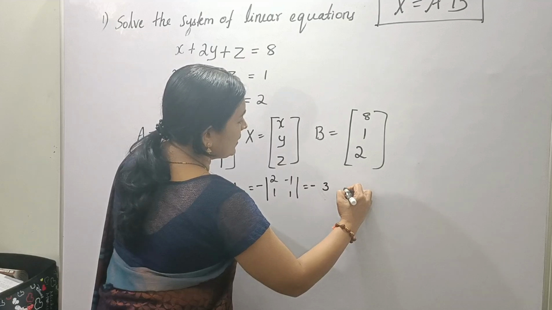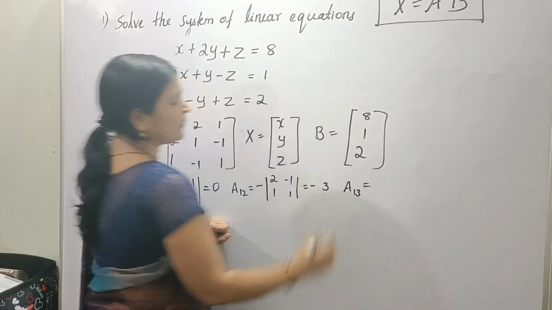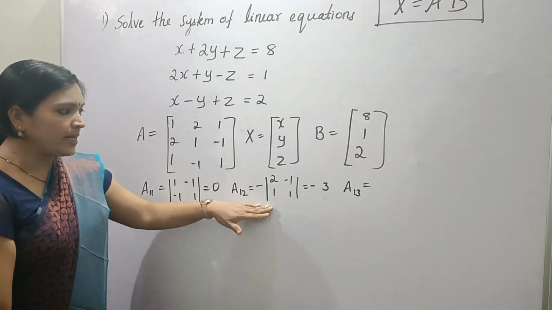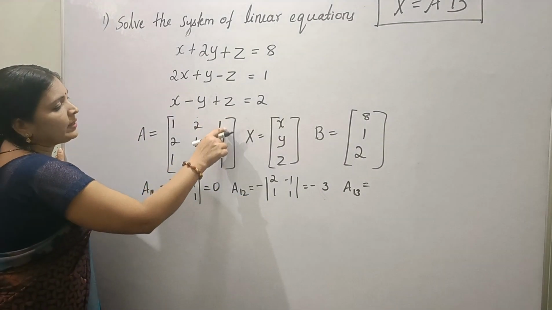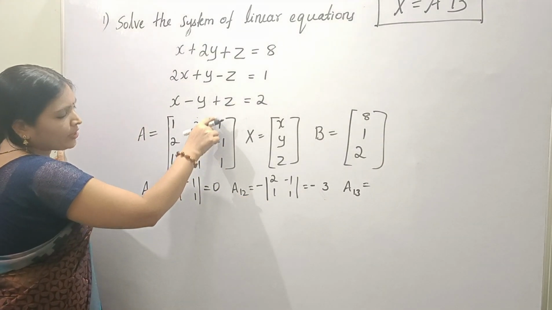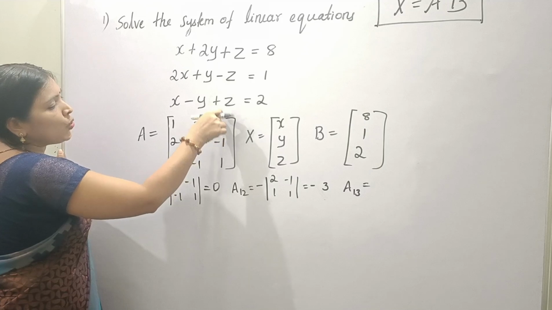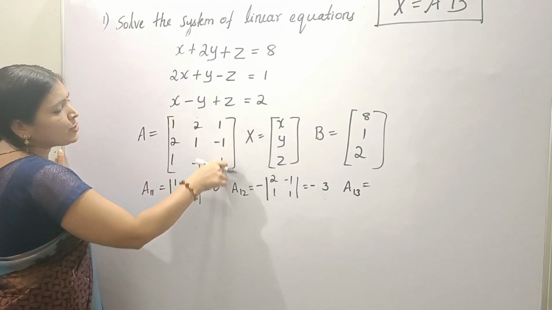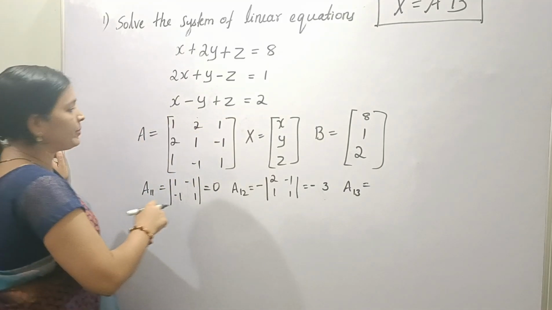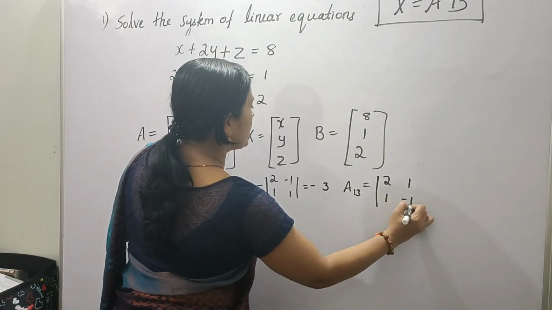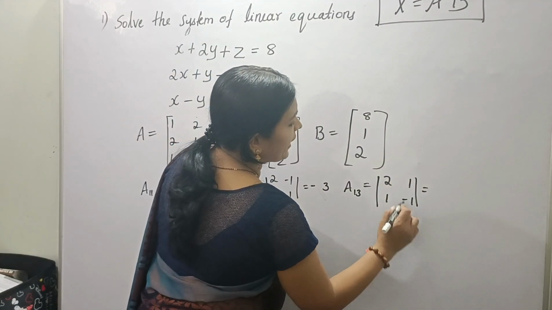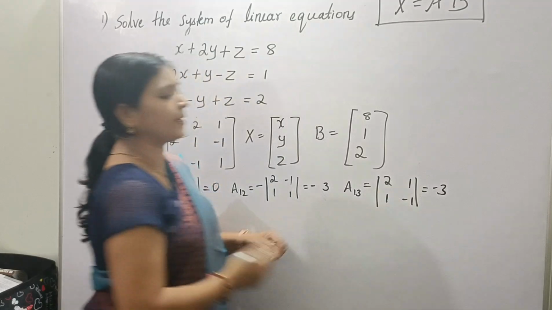Then next, A13. Here the previous was minus, so next is plus. A13 means the cofactor of this element 1. Remove this column and row, the remaining determinant 2, 1, 1, minus 1, that is equal to minus 2 minus 1, that is minus 3.